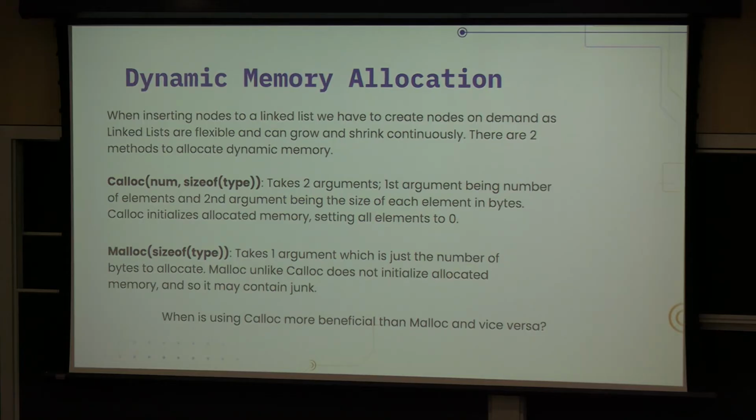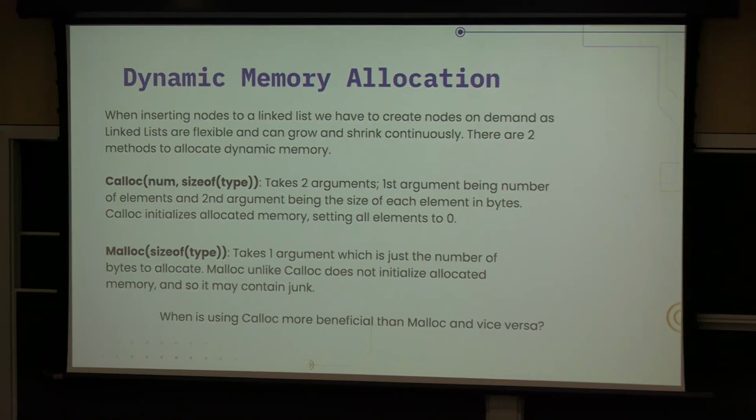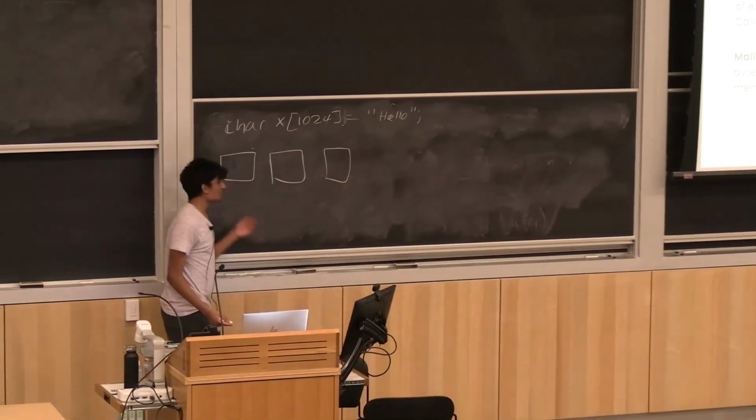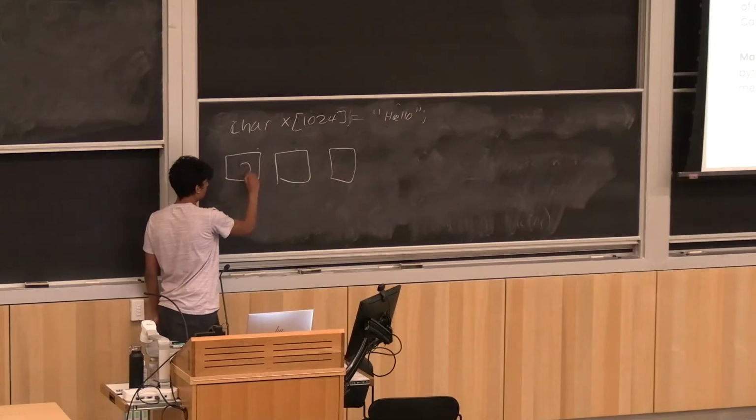Yes. When we're allocating a large number of boxes, malloc will be significantly faster than calloc. The reason why is that with calloc, when we set up boxes to dynamically allocate, we reset all of these to 0.